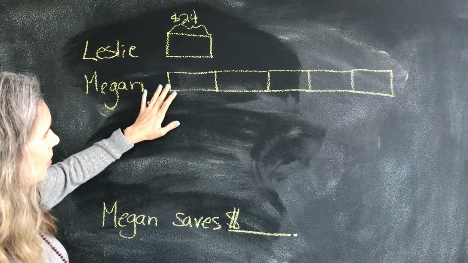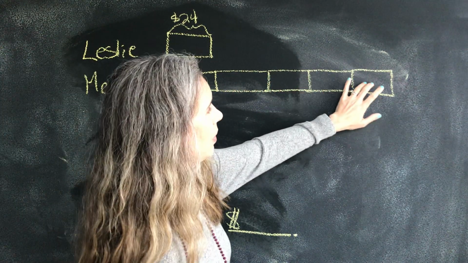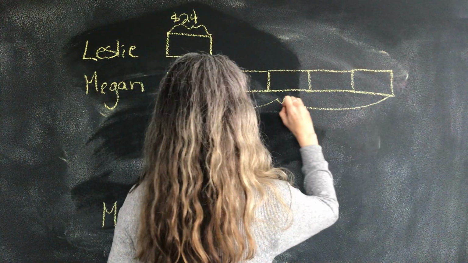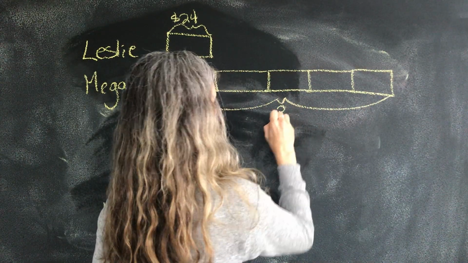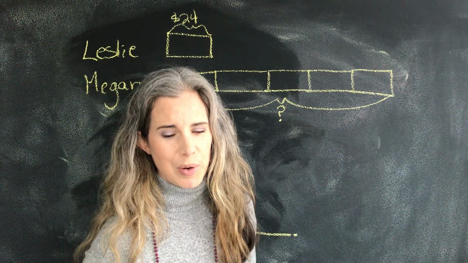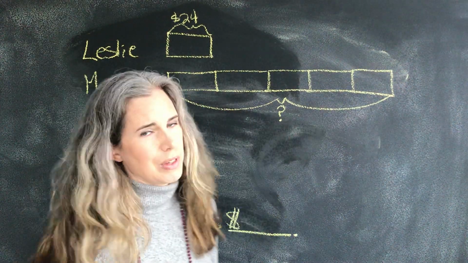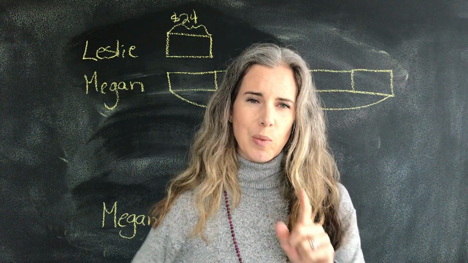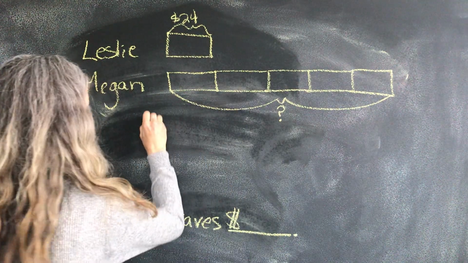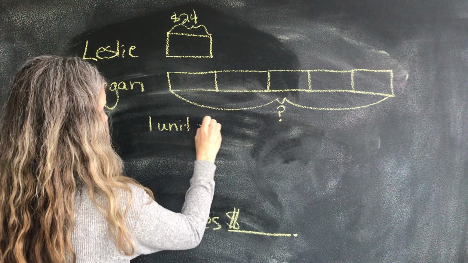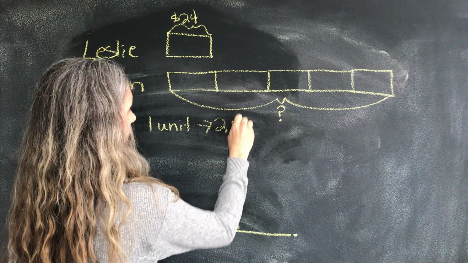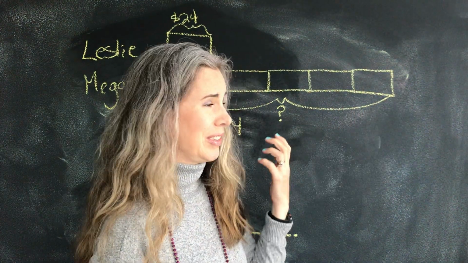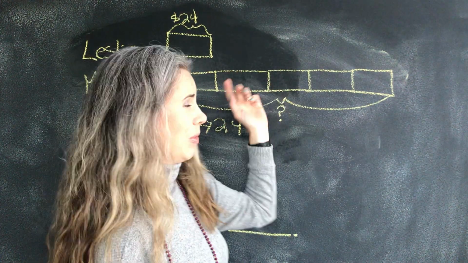Leslie is 24. Megan is 1, 2, 3, 4, 5 times as much as Leslie. And that is what we are trying to solve for. So question mark over the whole thing here. Okay, so let's figure out 1 unit is $24. And if I'm trying to figure out 5 units, I could just add 24 plus 24 plus 24.